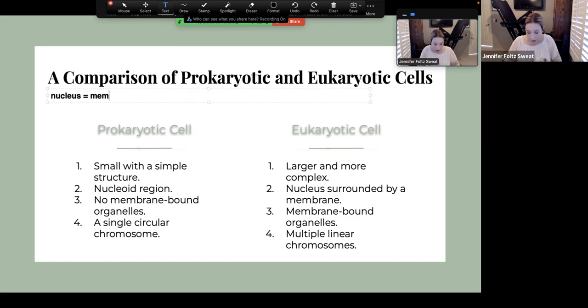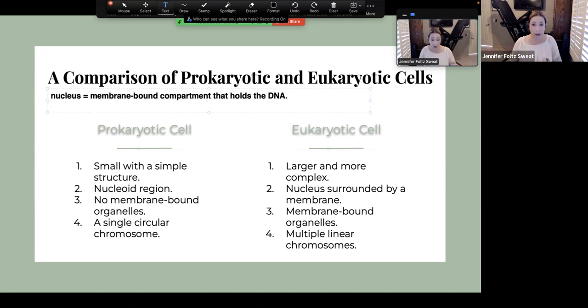So a nucleus is a membrane-bound compartment that holds the DNA.